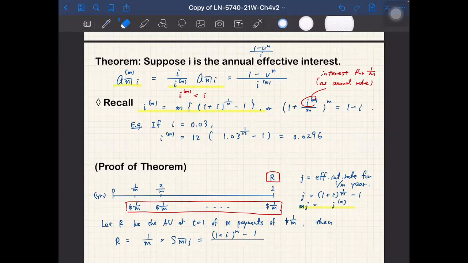We are thinking about the time unit as 1 over m year. So R is equal to 1 over m times s angle m at j, times this, over j. But we have 1 over m here, so m times j. So you can see that the s angle m formula is here, times m.